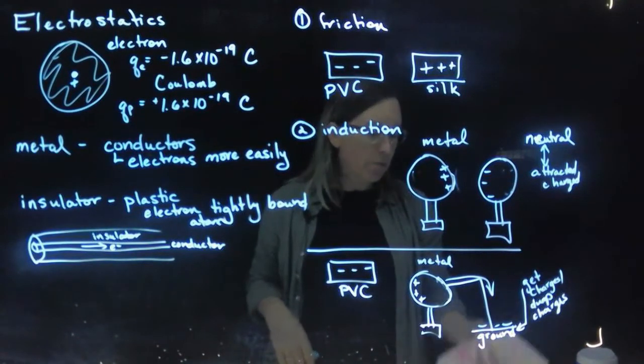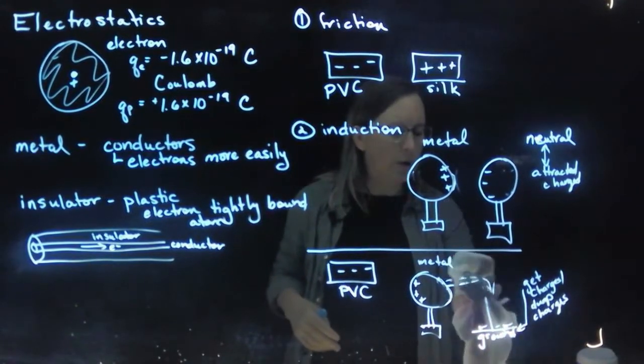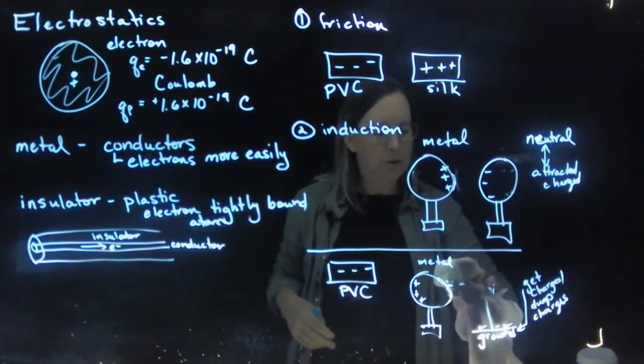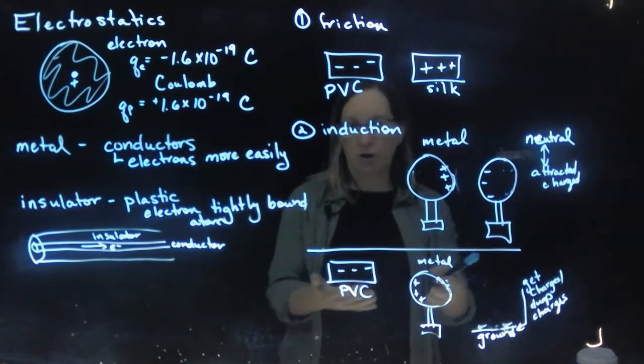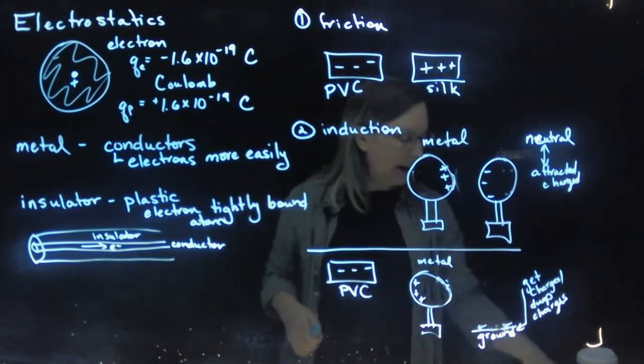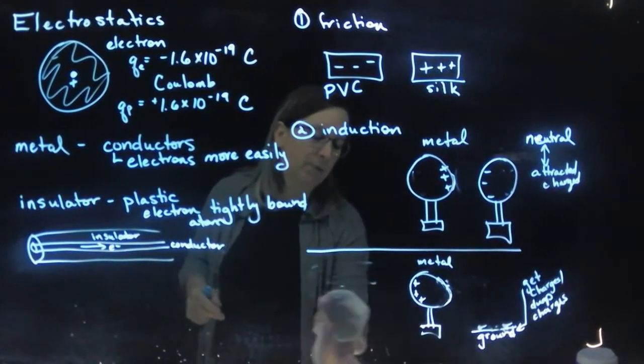So then we remove the ground. Okay, so we've run all those off, and we remove the ground. The positive charges are still here. They're happy. And then I can finally remove my PVC.